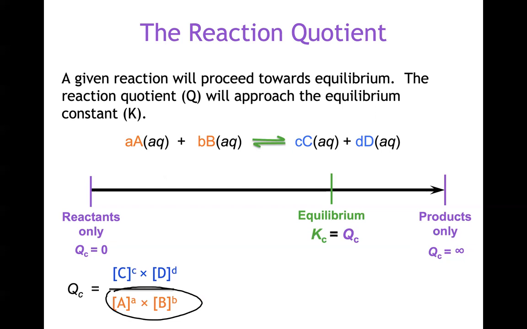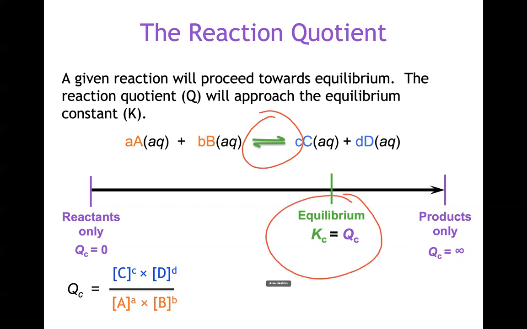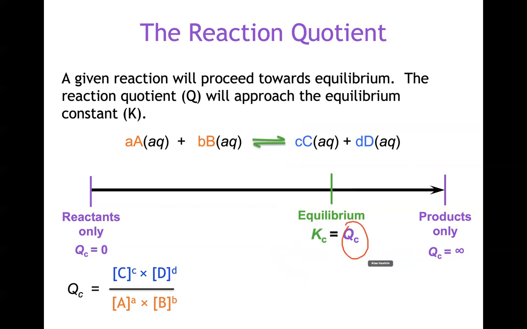That's when Q is going to approach infinity. At some point in between, the reaction will reach equilibrium, and when it reaches equilibrium, we can calculate the equilibrium constant, which at that point is equal to the reaction quotient. Or you could think of it as the reaction quotient being equal to the equilibrium constant when that particular reaction is at equilibrium.